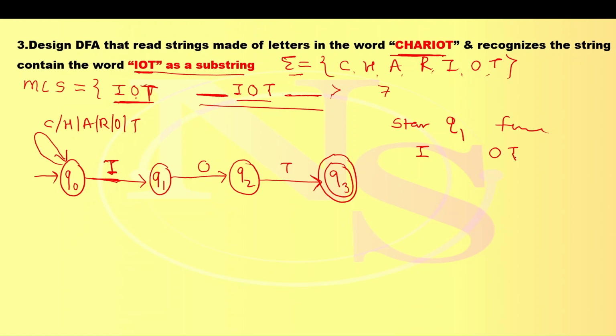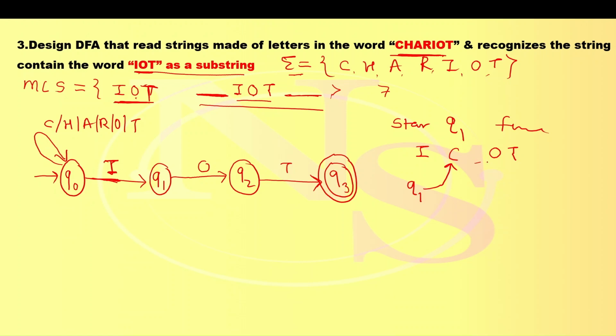Now Q1 is looking for a transition for which symbol? If I take symbol by symbol, there are 7 symbols. If I take C first, is this a valid string? No, this is not valid. But as I explained in previous 8 recordings, initially it may not be valid, but at this moment I am trying to read C at Q1.